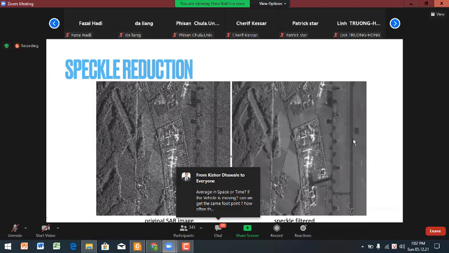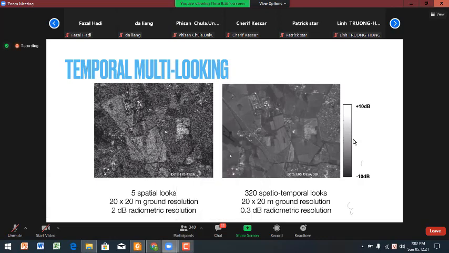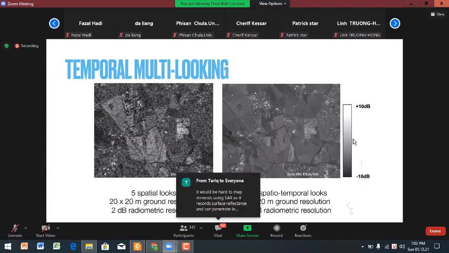Another way to do it is to use temporal multilooking, so to average in time, right? If we have here several images and we overlay them, we put them one on top of the other, we can then average each pixel in time. Okay, so if we have 50 images, and we stack them one over another, and then we can average each pixel through these different images.